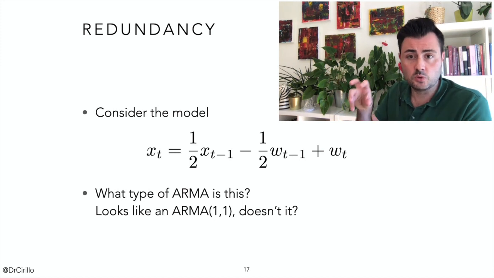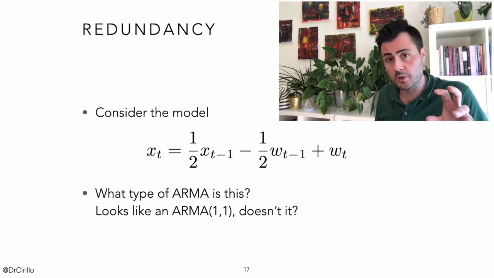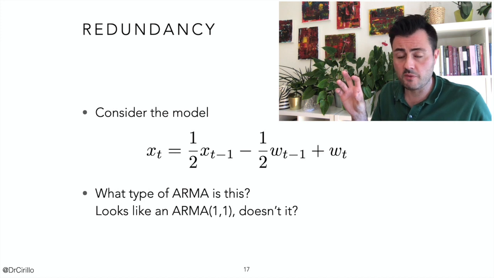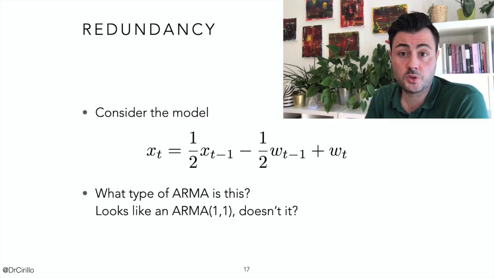So this model is a combination of an autoregressive order 1 and a moving average of order 1. So in principle, it is an autoregressive moving average model of order 1, 1, that is to say, an ARMA(1,1). My question for you is: is this really the case?